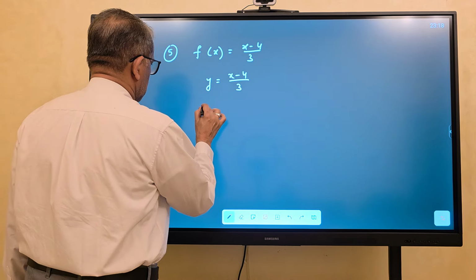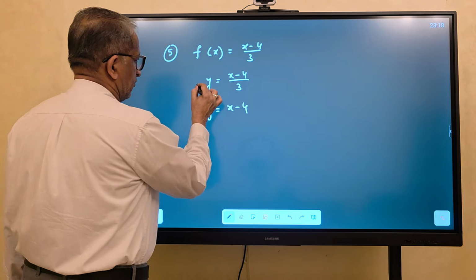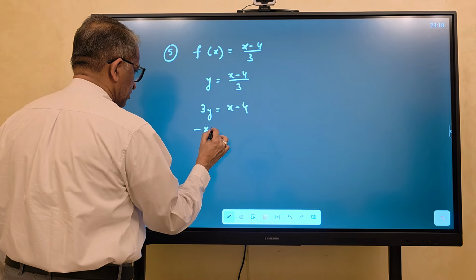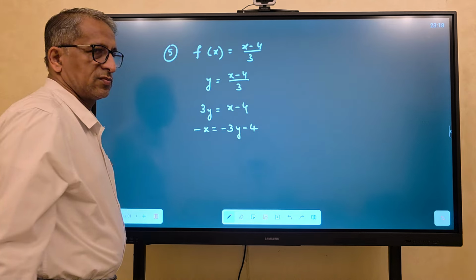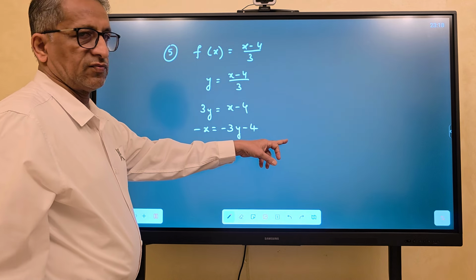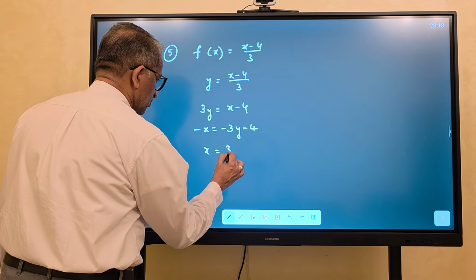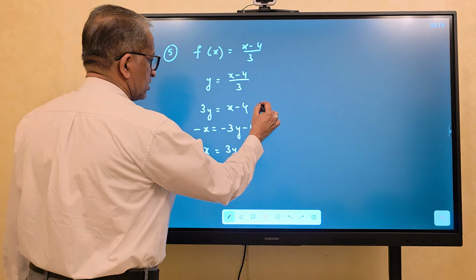How to bring? First I will cross multiply. 3y equals x minus 4. Now I bring x on the left. Minus x equals minus 3y minus 4. Cancel minus. So this is the second step.